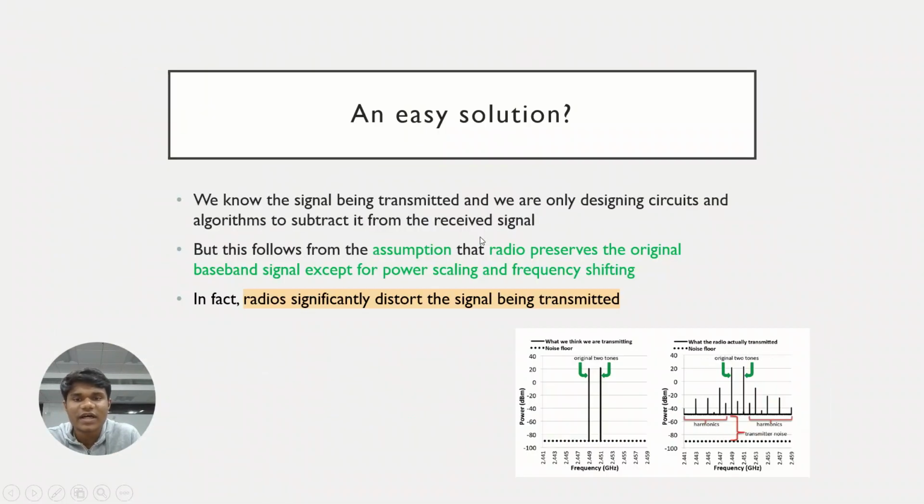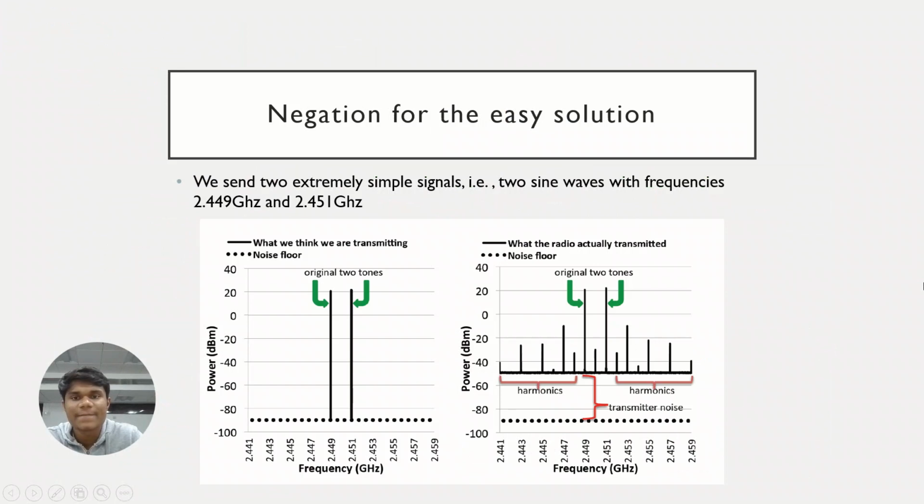I also have the diagram a bit amplified here. Ignore the heading for a while. If we are transmitting a signal of this kind, what the radio actually transmits is something of this sort on the right. And we also do an experiment to prove that.